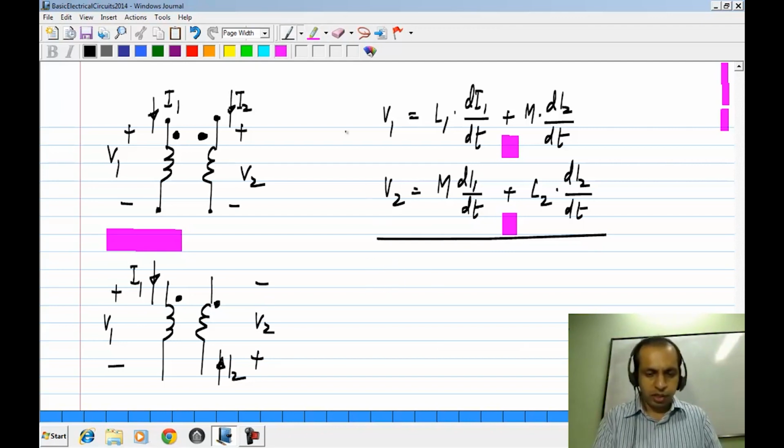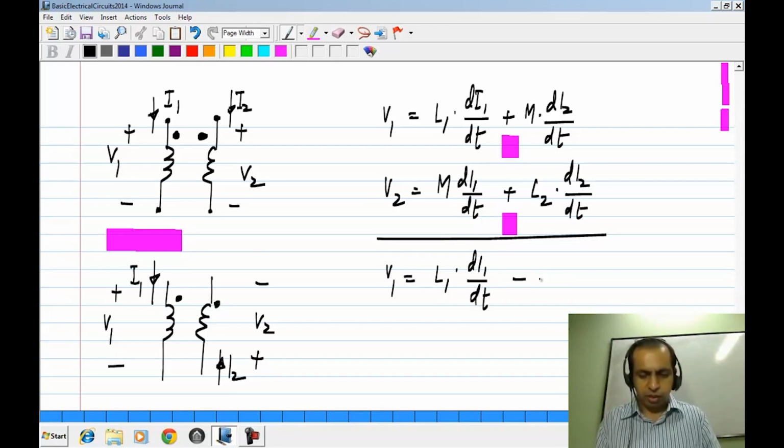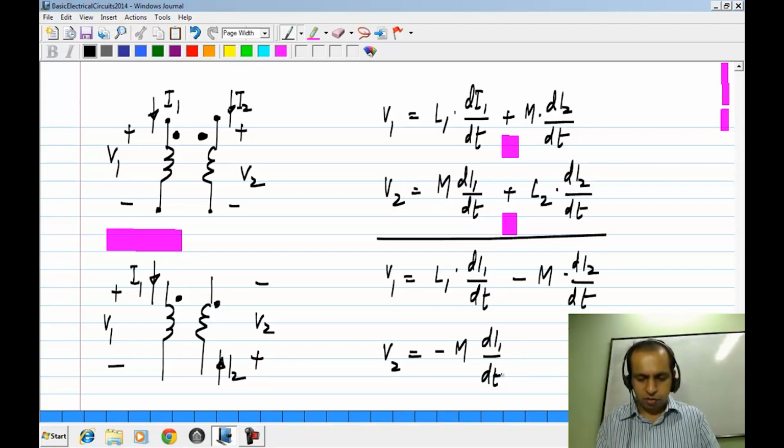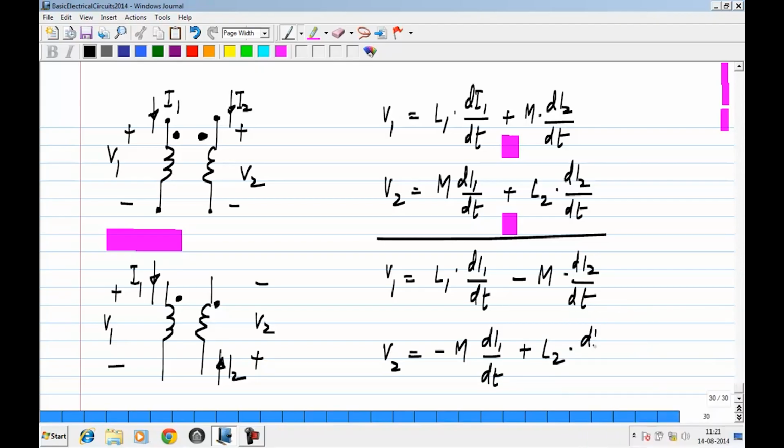In this particular case, V1 will be L1 di1 by dt minus M di2 by dt, and similarly V2 will be minus M, the time derivative of I1, plus L2 time derivative of I2.